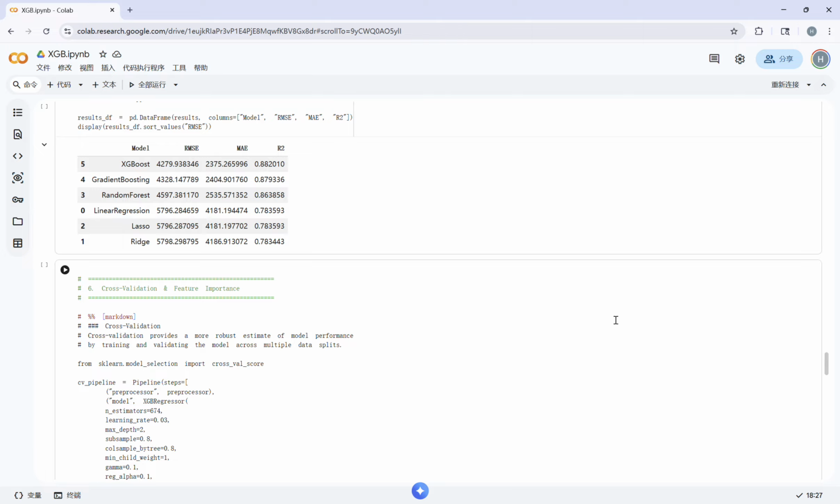Beyond the performance, we explicitly assessed the model fit using learning curves, which is a key requirement of this assignment. The learning curves plot training error and cross-validation error as the training sample size increases. In our result, training error is low but not unrealistically close to zero, and validation error decreases steadily as more data is added.